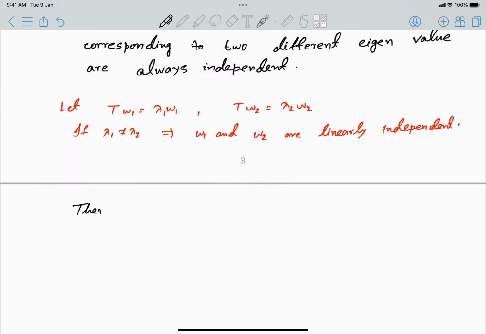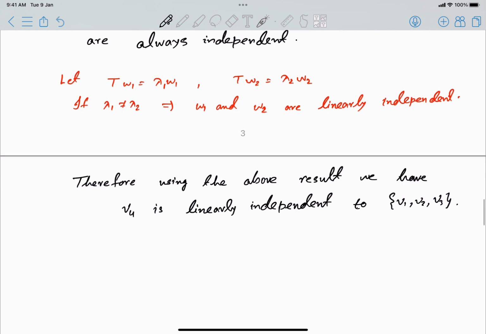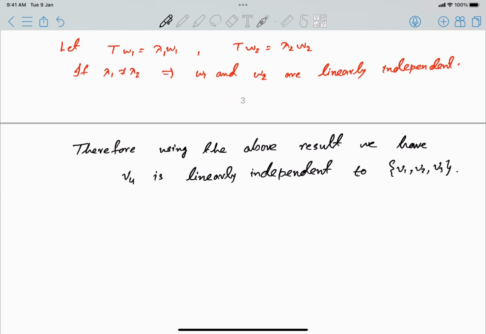So, using the above result, we can say that v4 is linearly independent to v1, v2 and v3, all 3 vectors, right? Therefore we have got 4 linearly independent vectors.